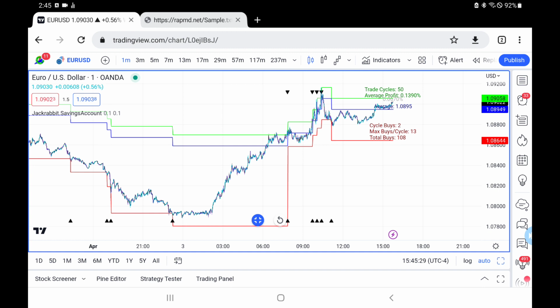Now the very first thing that we need to really cover is the pips. Since Jackrabbit is percentage based, we need to determine percentage to pip. And that is really very simple for the euro, USD, or similar assets. And it really applies to any asset. 1% is always going to be 100 pips with euro USD or thereabouts.